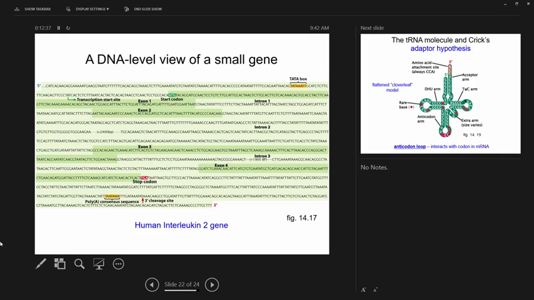Then you would have all the introns removed, stringing. So the sequence of the final mature messenger RNA here would be TTAAT, and then you would go AATTACA, etc. down there, and same thing with all the other introns and exons. And you can see, look, there's a GT at the 5' end of intron 1, AG right there.